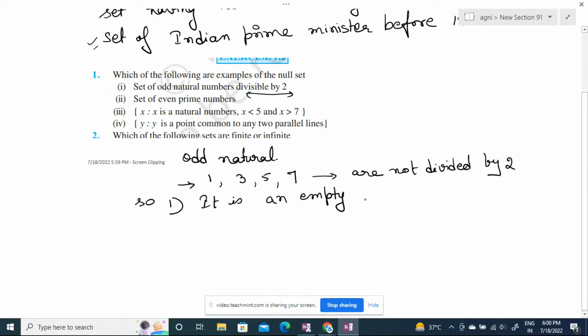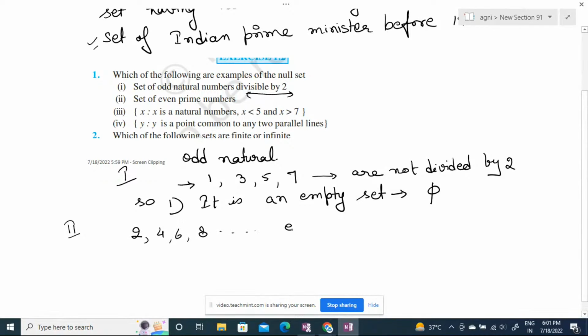That means we don't have any element which is an odd natural number and is divisible by 2. So this is an empty set. That was the first one. Now the second one: the set of even prime numbers. The number should be even, that is 2, 4, 6 and 8.